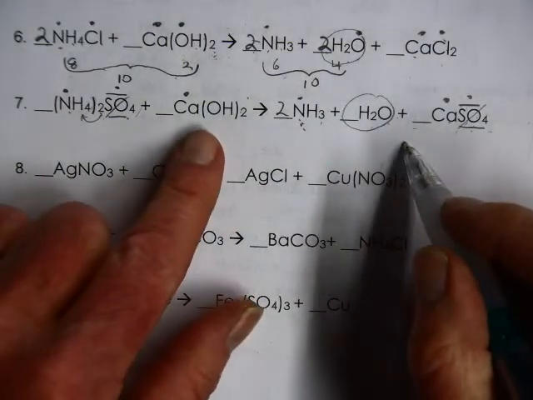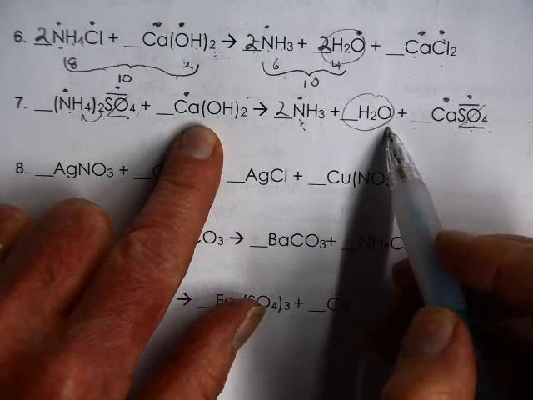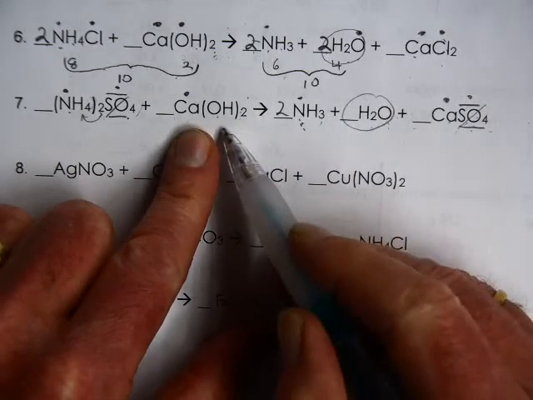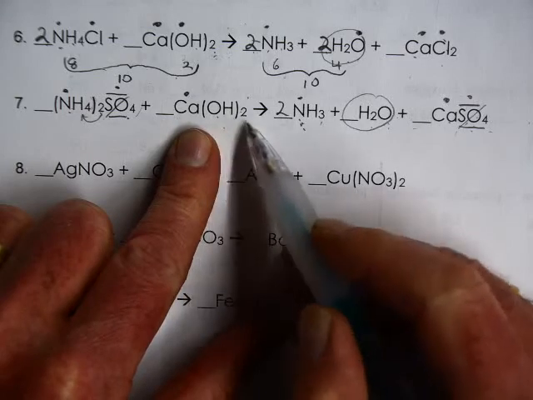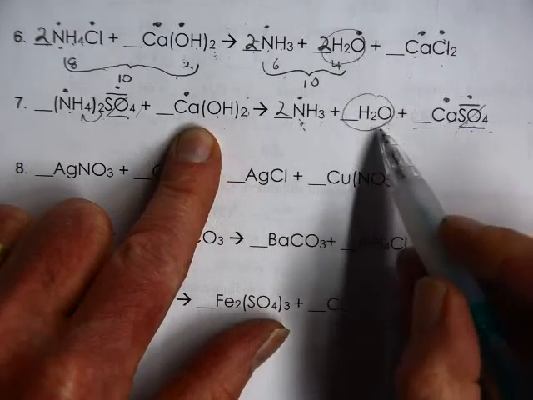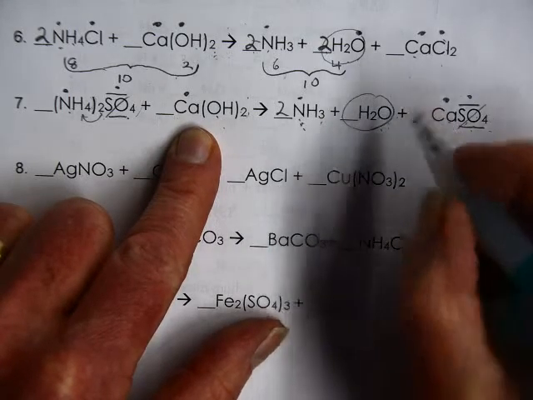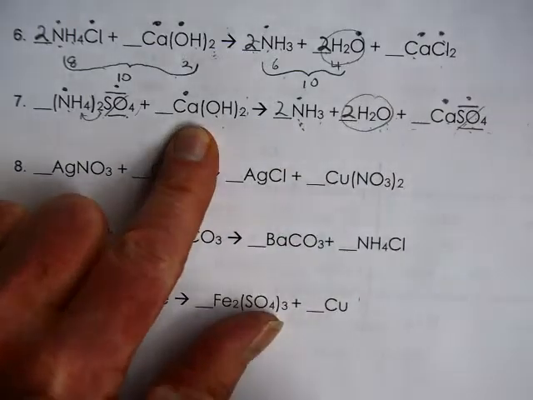So now the oxygens that are in play are the oxygens here and the oxygens here. How many oxygens do I have here? 1. 2. 2 times 1 is 2. How many oxygens do I have here? 1. So what am I going to do? Put a 2 here. Okay?